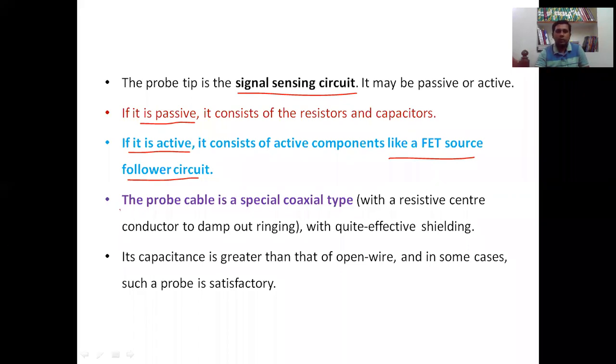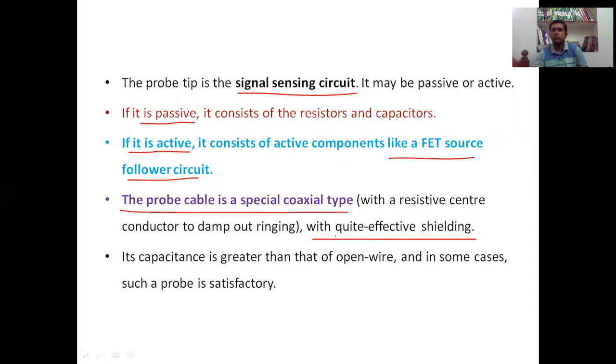Next, the probe cable is a special coaxial cable, with quite effective shielding. Shielding means avoiding the surrounding interferences.